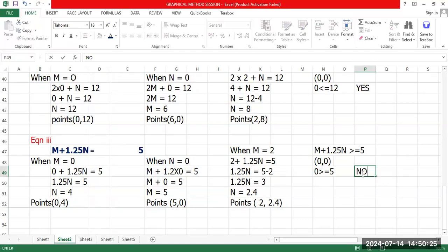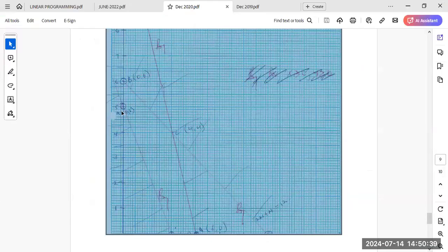Pardon? The downer side. Yes, the downer side. Yes, you do that. That's why you see I am shading down. Are we together, colleagues? Are you seeing the logic?